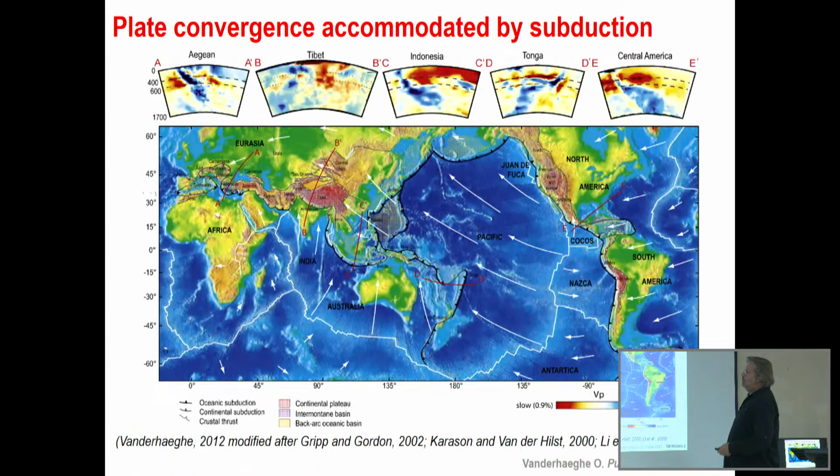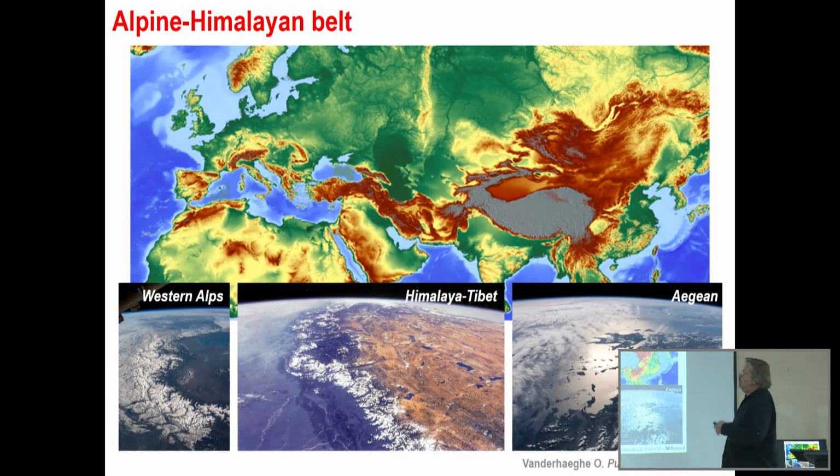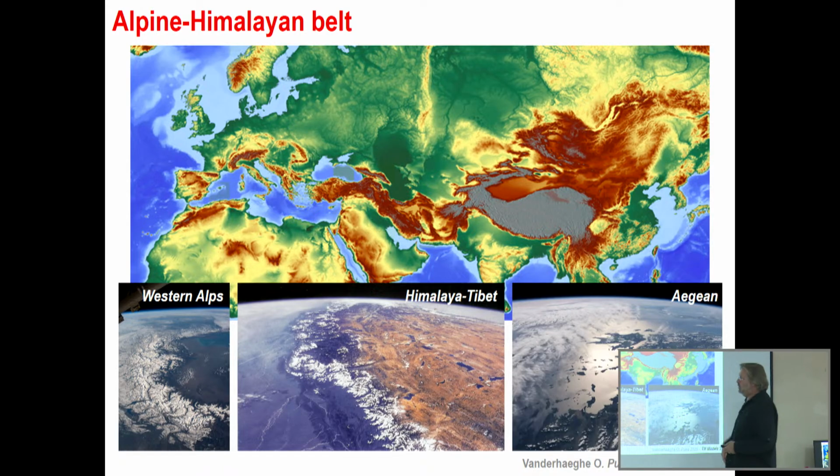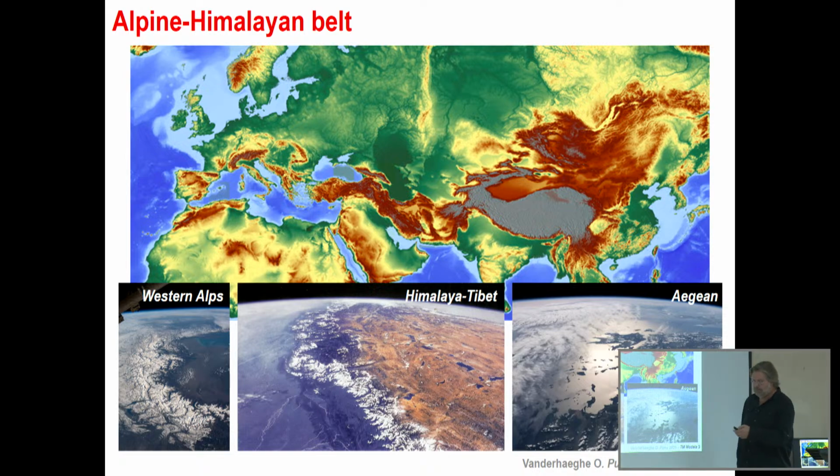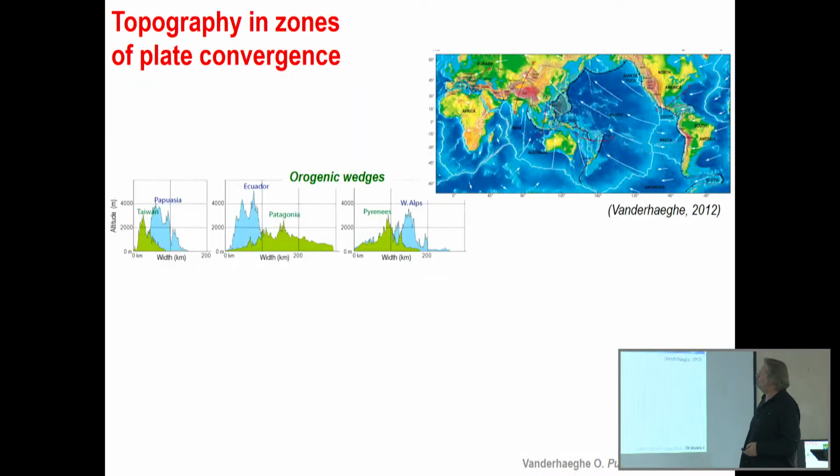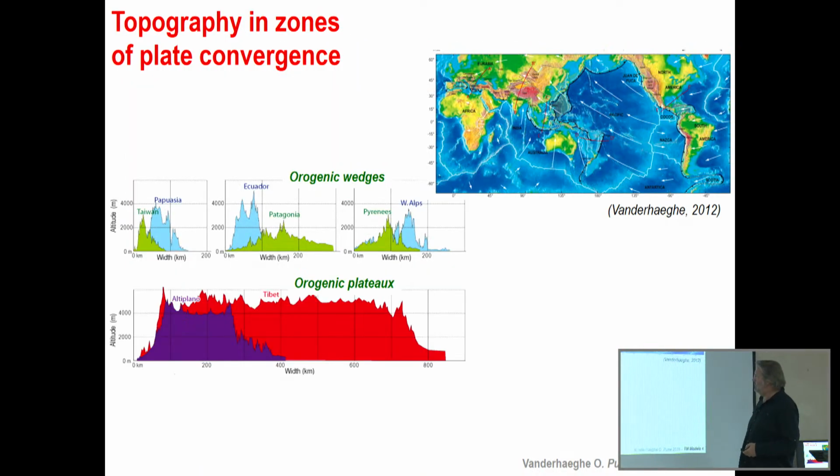So we identify that plate convergence is mainly accommodated by subduction. So that's the process that we want to consider. And it results in very different types of topographic features: wedge-shaped mountains like the Western Alps, orogenic plateaus, or even intermountain basins that reflect collapsed orogenic belts. And these are pictures here, so I think you understood that.